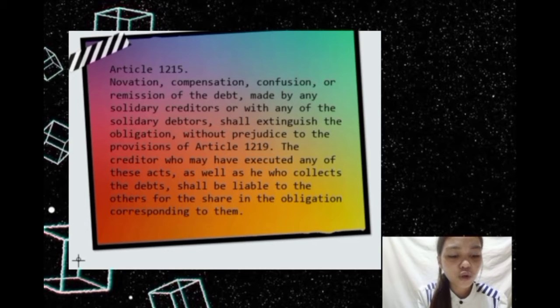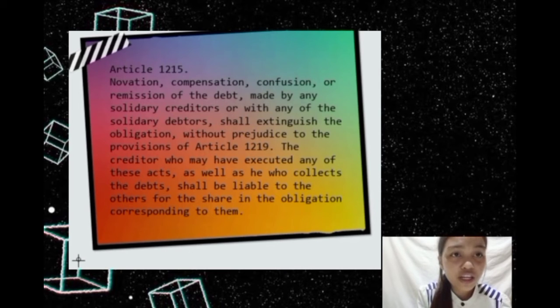The creditor who may have executed any of these acts, as well as he who collects the debt, shall be liable to the others for the share of obligation corresponding to them.